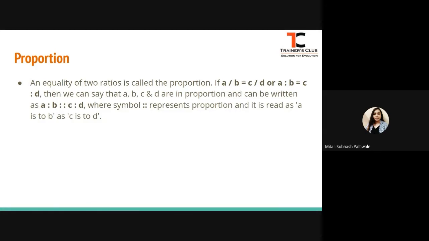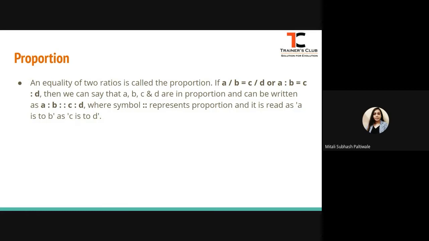If A by B is equal to C by D, or A is to B is equal to C is to D, then we can say that A, B, C, D are in proportion, and it can be written as A is to B as C is to D, where the symbol double colon represents proportion, and it is read as A is to B as C is to D.